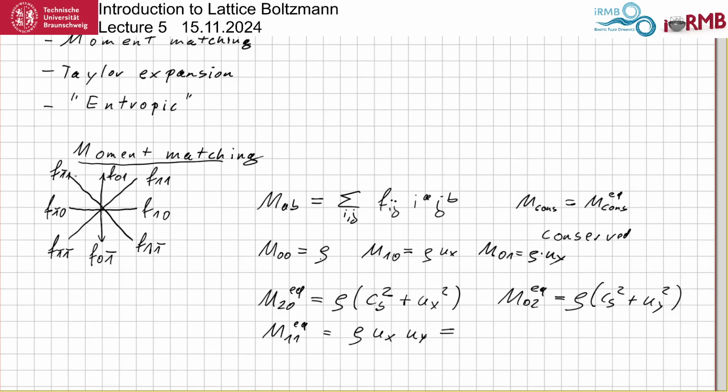So we have M11 equilibrium, and the way the Maxwell equilibrium is actually constructed, it is a Gaussian distribution.